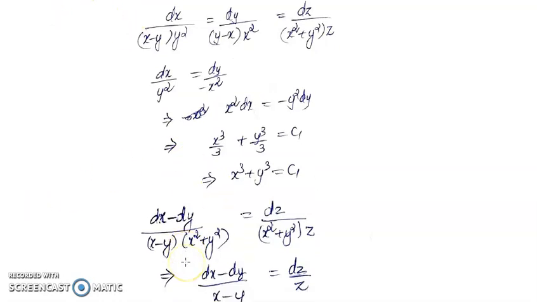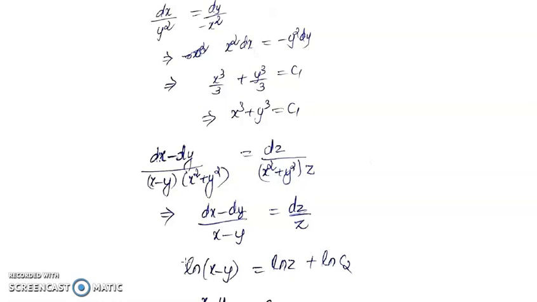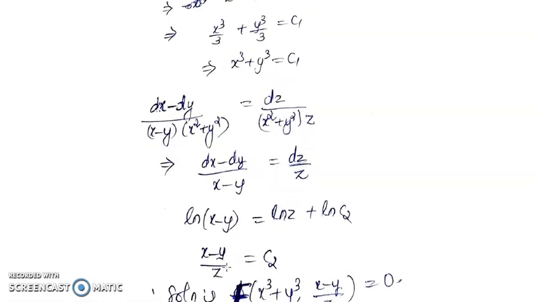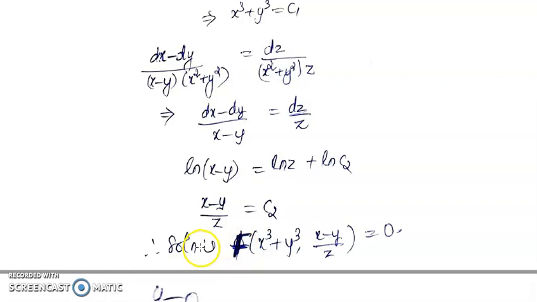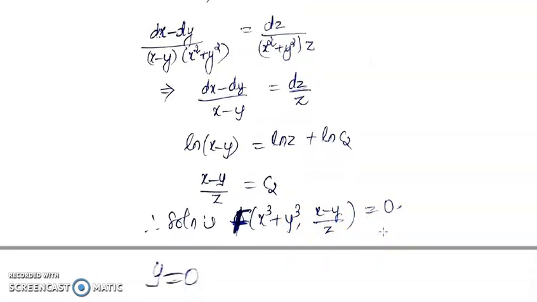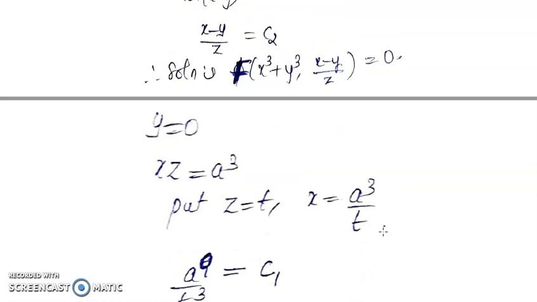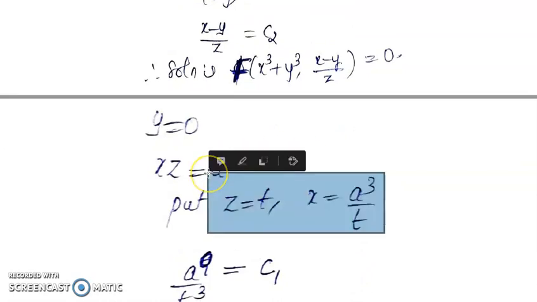So x square plus y square will cancel off here. So you can write it as (dx minus dy) by (x minus y) equal to dz by z. So on integrating you will get log (x minus y) equal to log z plus log c2. So that gives the solution (x minus y) by z equal to c2. Therefore the general integral is f of (x cube plus y cube, (x minus y) by z) equal to 0.